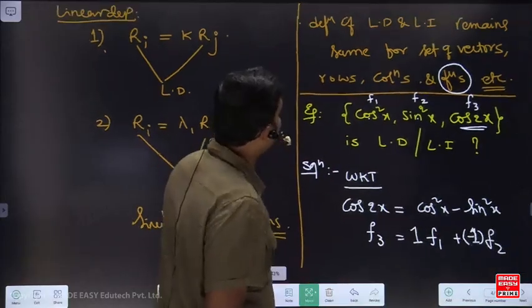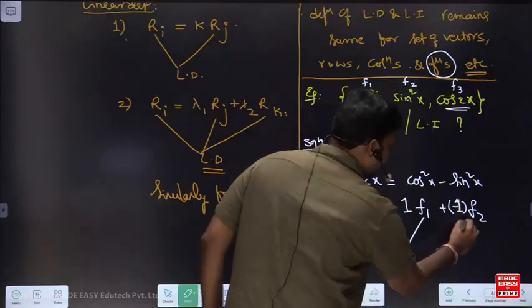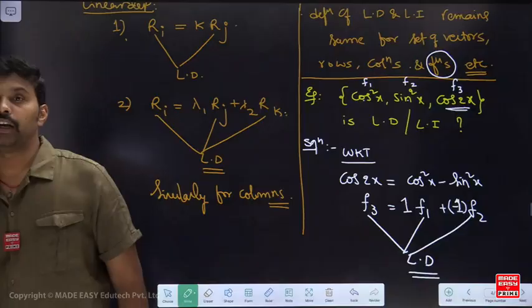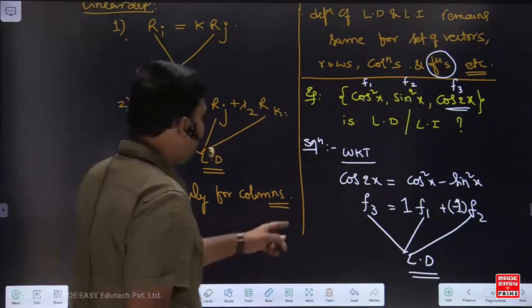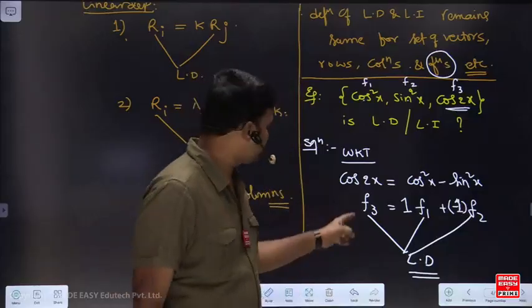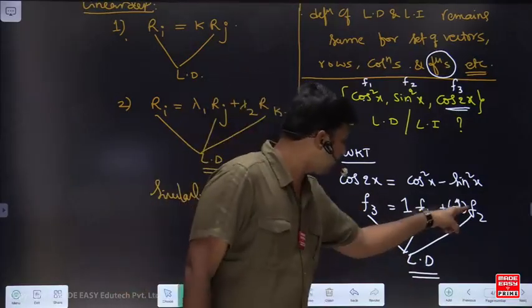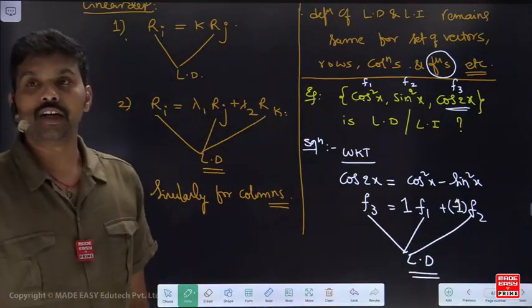So I can say very clearly that f3, f1 and f2 are linearly dependent. Yes, f3 is equal to f1 minus f2. So one function is given by the linear combination of other functions. Therefore the set of these three functions is linearly dependent.